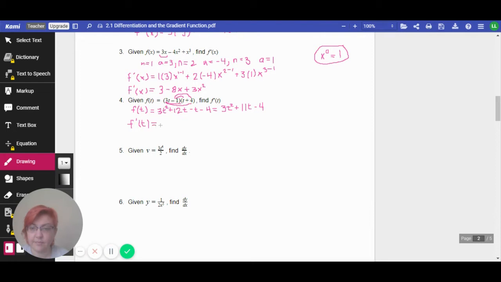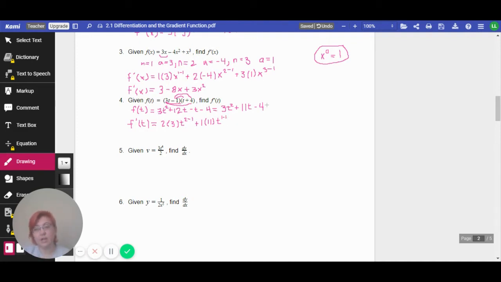Now I've got my n, which is 2, my a, which is 3, and my t to the n minus 1, plus my n, which is 1, times my a, which is 11, t to the, that would be n minus 1.